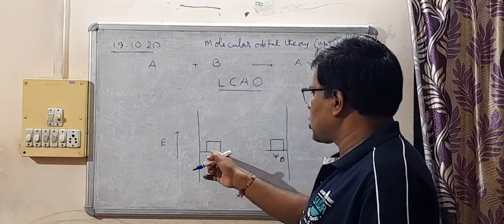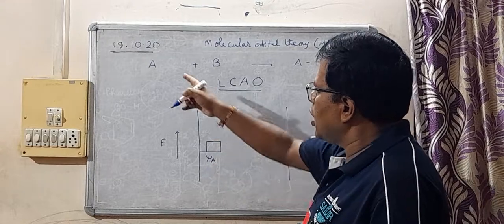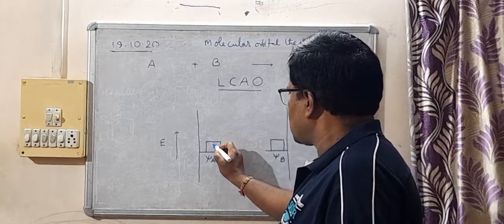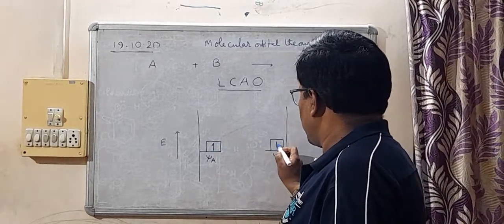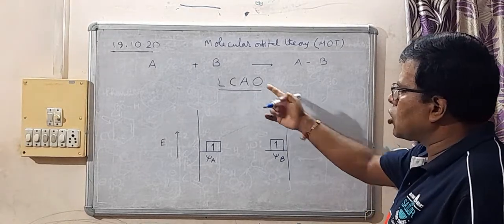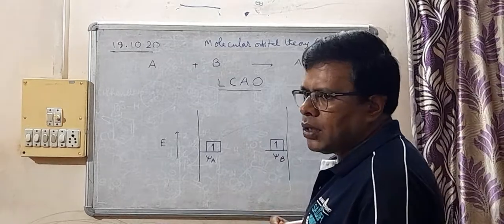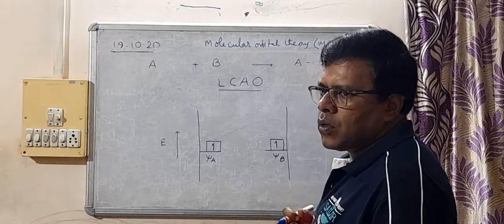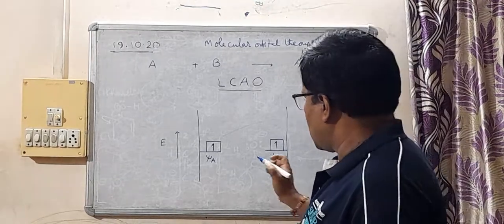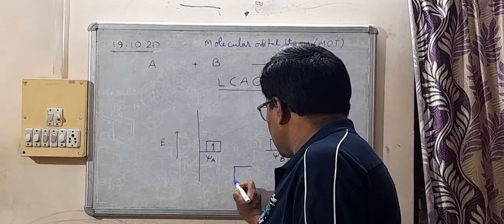Simply we can say this is an atomic orbital, this is another atomic orbital. This atomic orbital is present in A, this atomic orbital is present in B. And suppose each has got one electron. Now, according to linear combination of atomic orbitals, these two will combine to form two molecular orbitals. So, what is one molecular orbital?